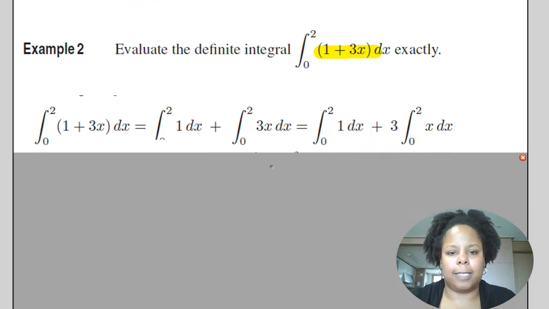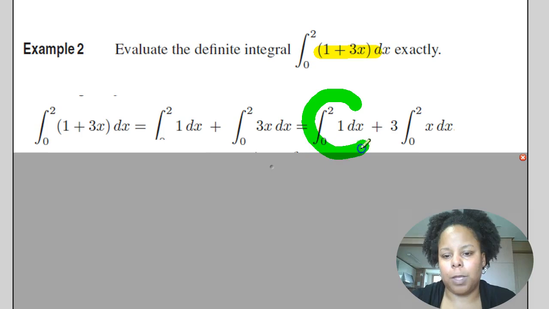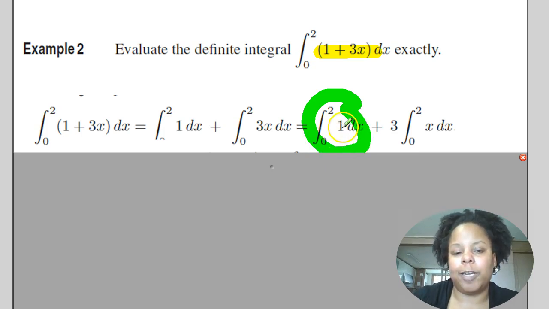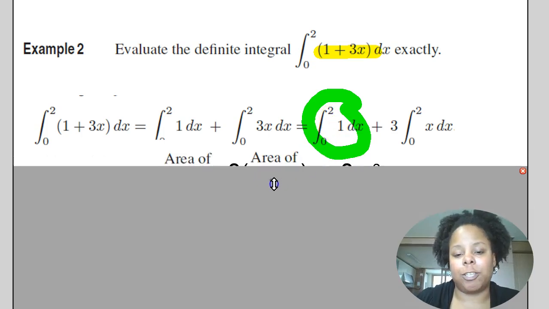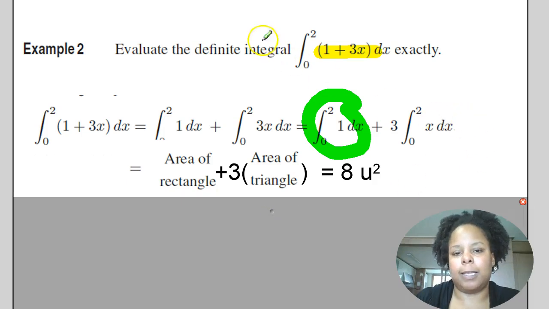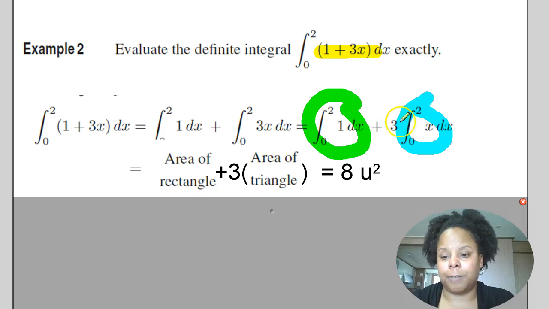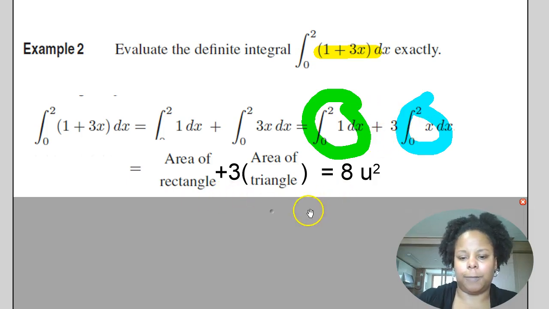Let's take a look at this concept. If I look at this as a function, this is the constant function, so the area under the constant function on an interval looks like a rectangle. And this right here is a slanted function, so the area under the curve from a to b looks like a triangle, and we multiply that area by 3.